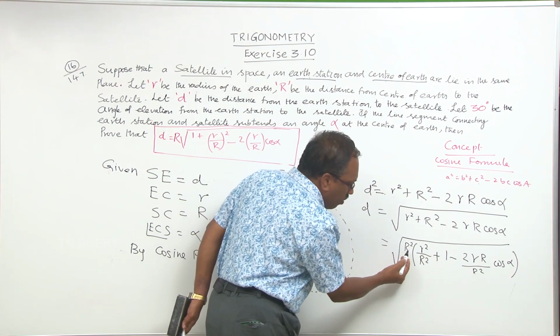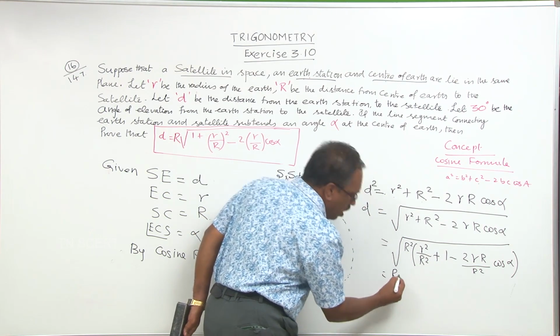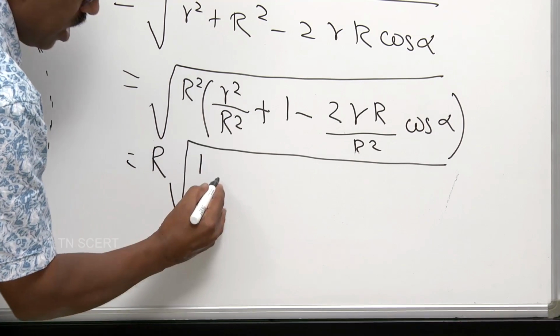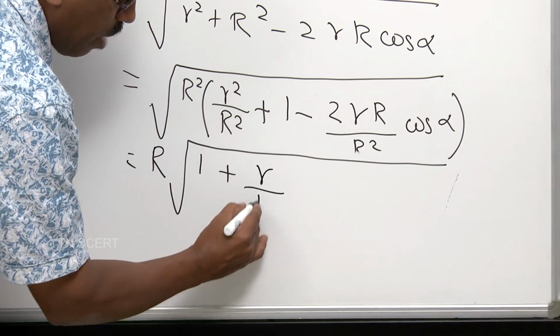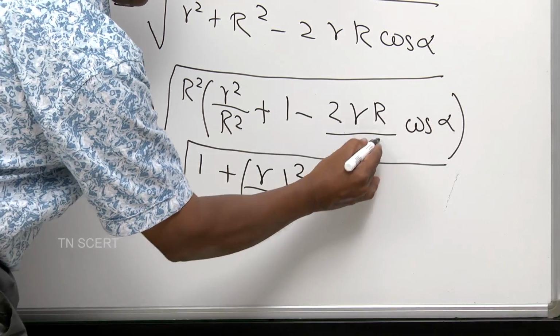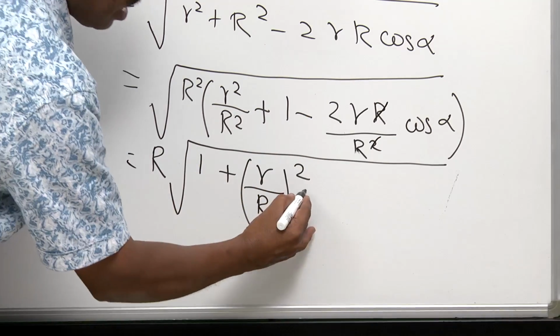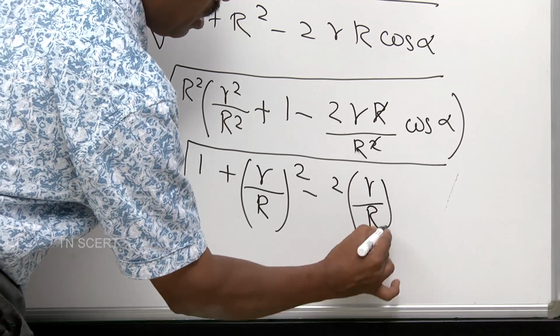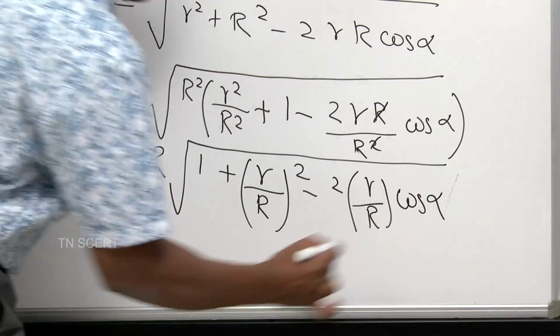The square root of capital R square is capital R, and the square root of the rest gives r by capital R the whole square, minus 2 into r by capital R into cos alpha.